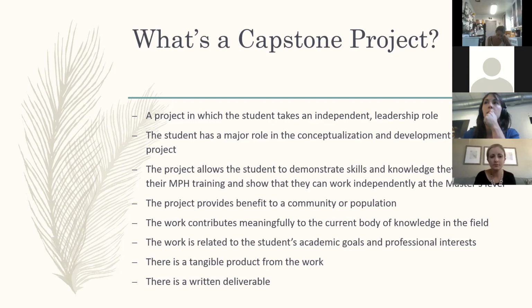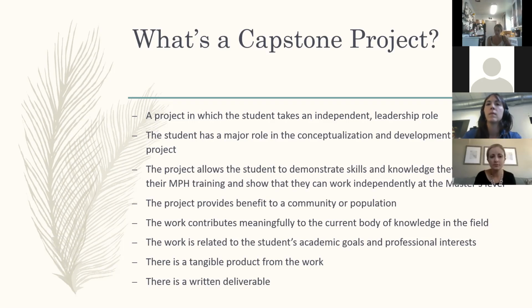There needs to be a tangible product from the work. What I mean by that is you can't just be fitting into normal operations of an agency, let's say, and doing their daily work. You have to have a project that has some sort of fruition, and we'll go through what types of things those might be.